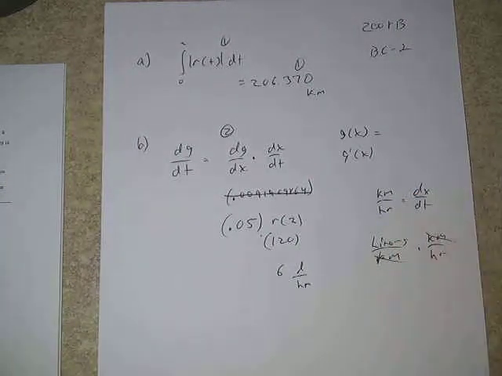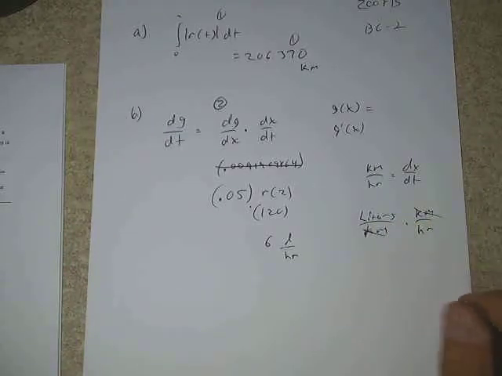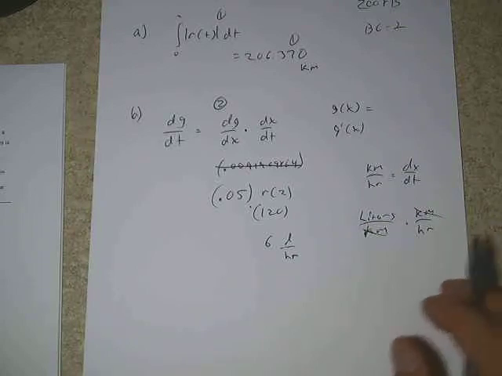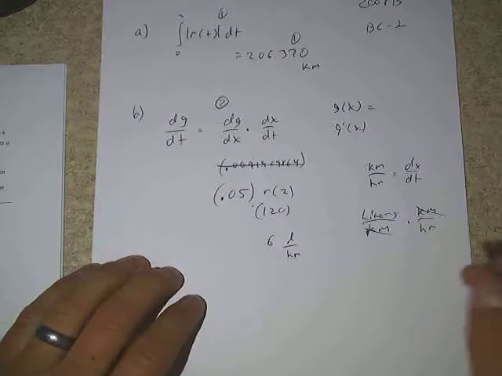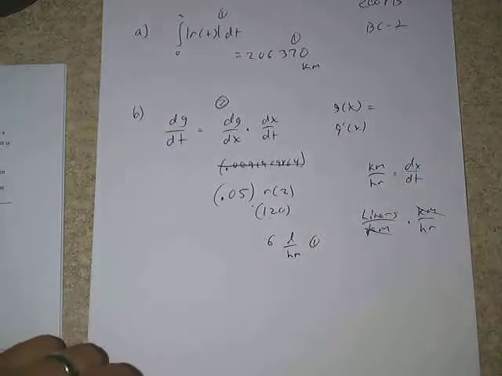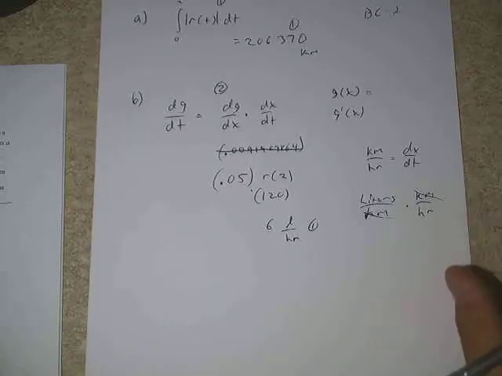Two points for recognizing that you needed to use the chain rule here to figure out what dg dt is. This is not the only notation that we could have used here either. We have a g function that's in terms of x over here. If we just differentiated both sides with respect to t, we'd ultimately get dg dx, the derivative as normal, times dx dt.